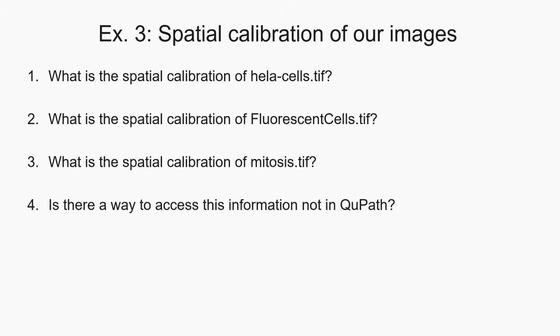We're also going to consider whether there is metadata that we can access to obtain this information outside of QuPath. A key objective of this exercise is recognizing that image files contain important metadata beyond the pixel values themselves. I'll pause here to give you a chance to do this exercise yourself.